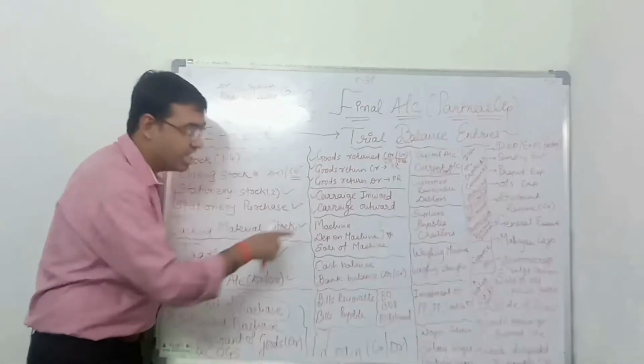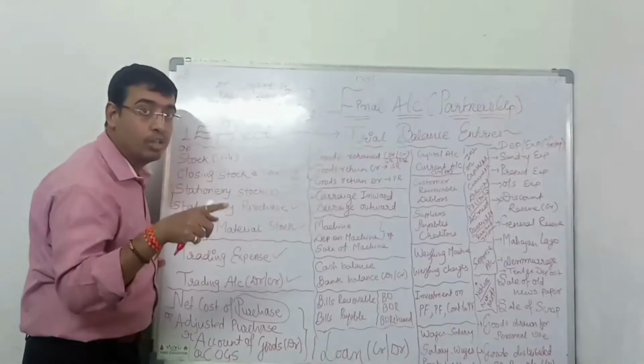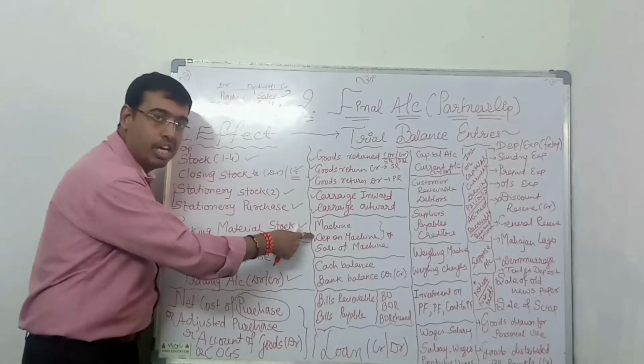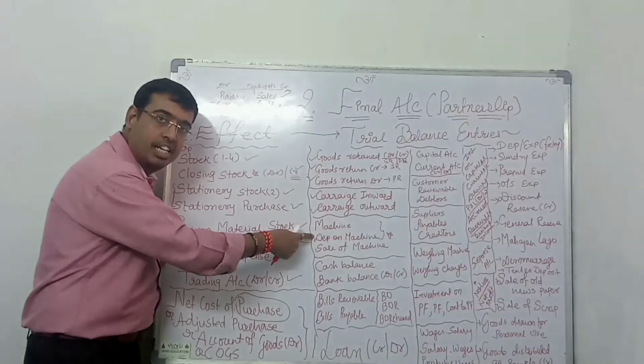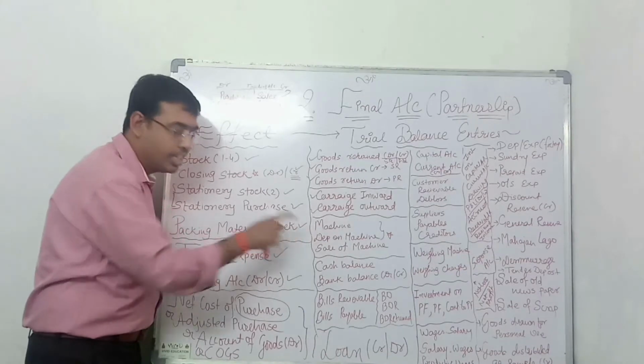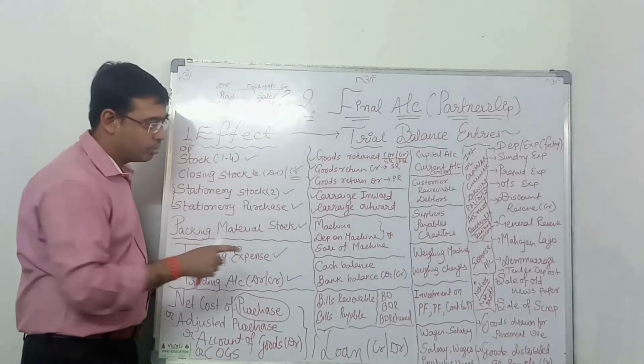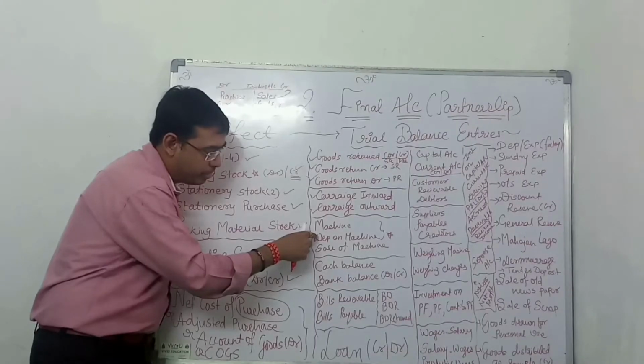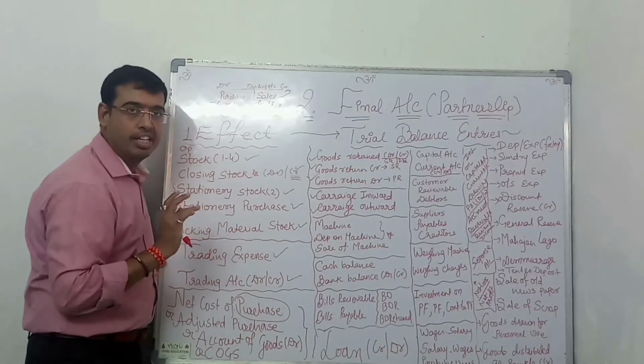This depreciation was wrongly calculated. You will definitely find an adjustment related to this when these are given together. So you will do on the asset side machine plus depreciation on machine.